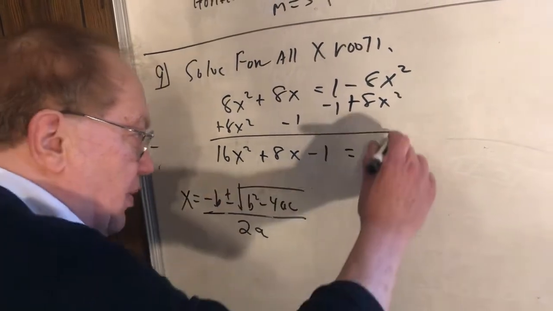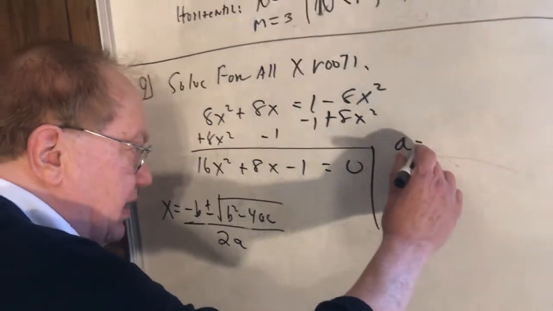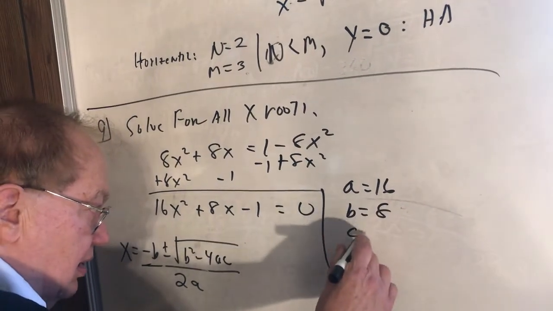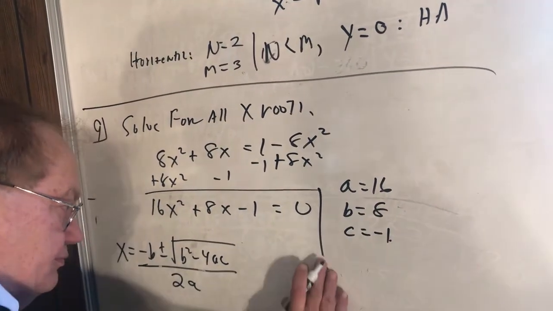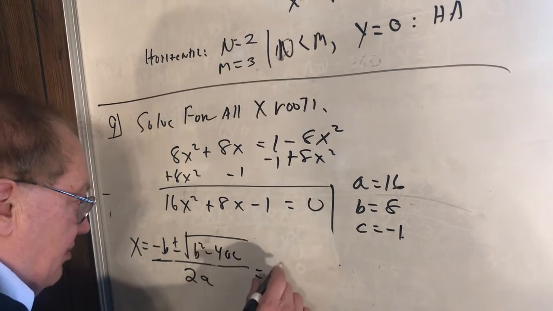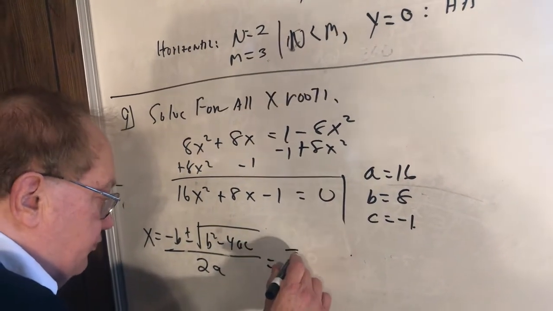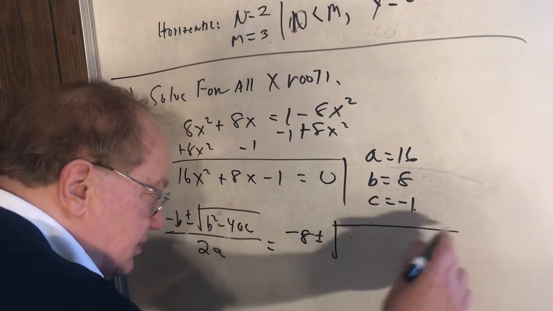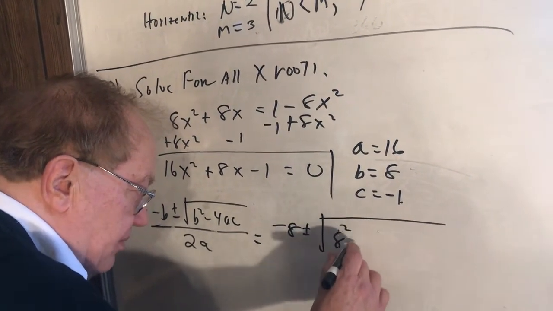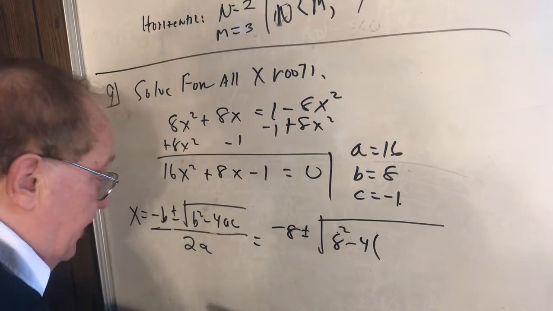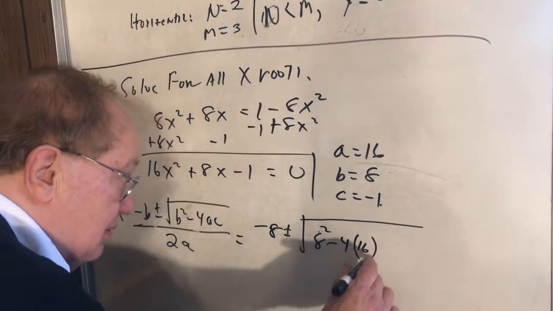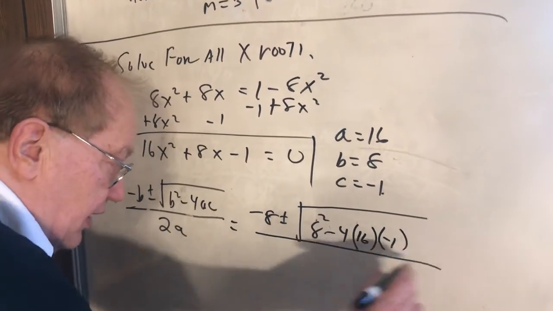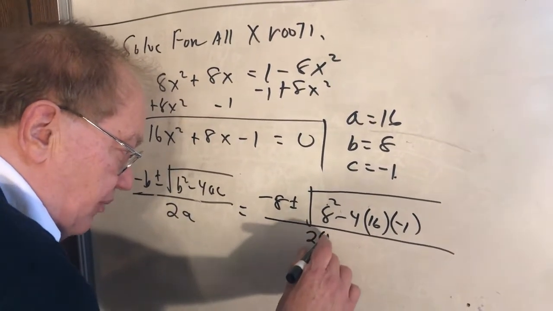So let's see, what is a here? a is 16, b is 8, and c is minus 1. So we have minus 8 plus or minus the square root of 8 squared minus 4 times 16 times minus 1, divided by 2 times 16.